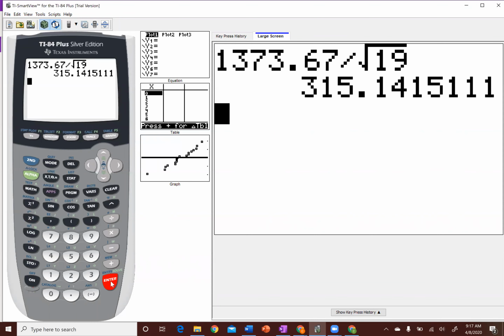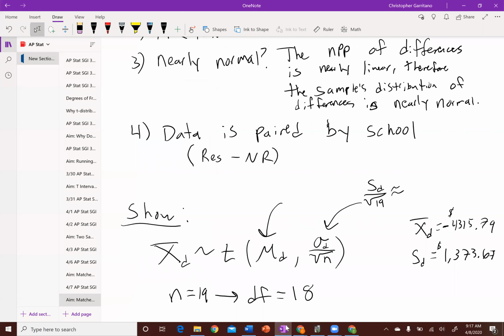Okay, and so the sampling distribution's standard error is 315.1415.